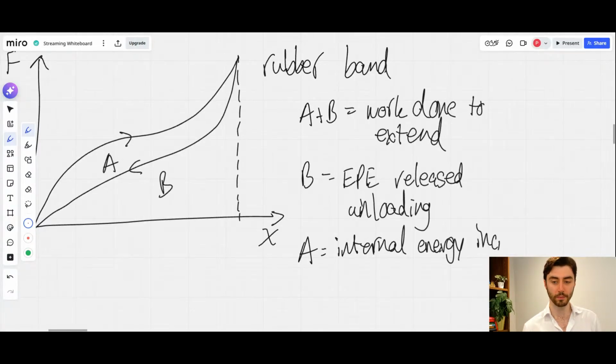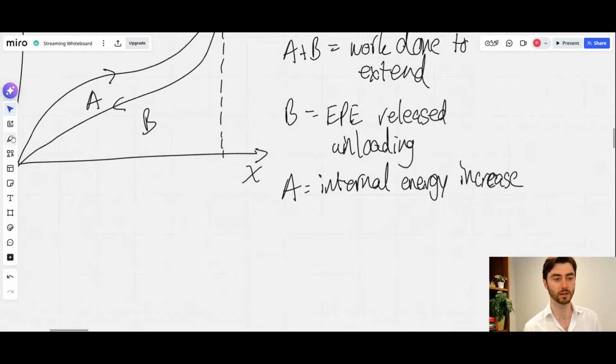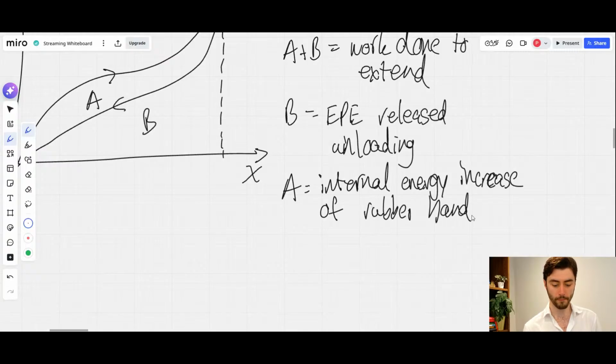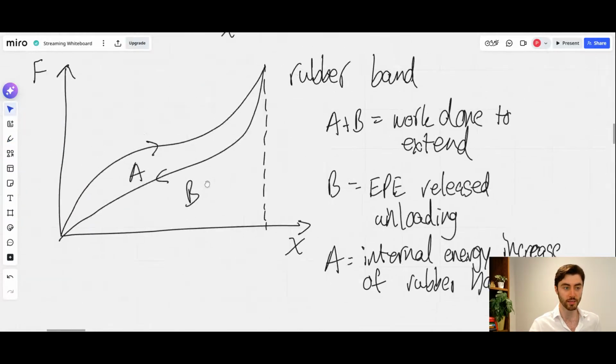It heats up. So some of the energy stored in the rubber band becomes the internal energy of the molecules when the rubber band unstretches, is how it says there.